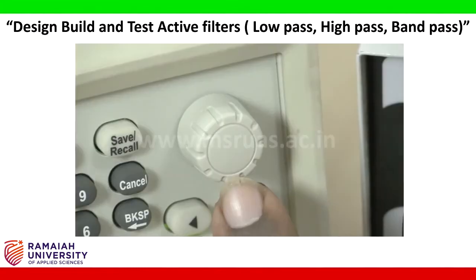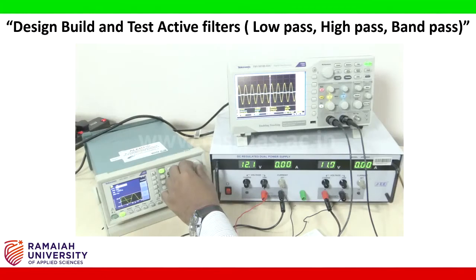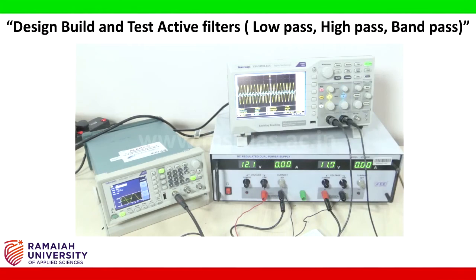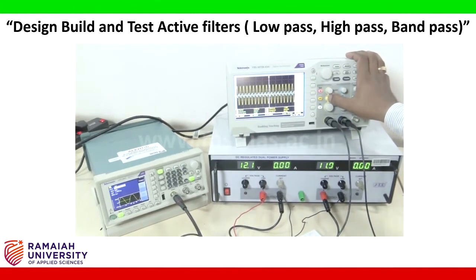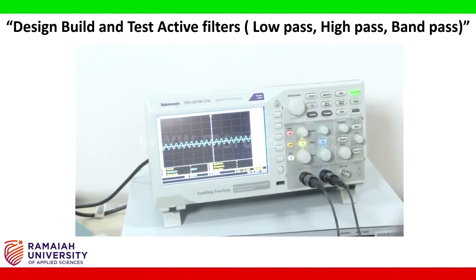So you can raise the frequency to some 200, a slight variation that will give an output, increase to some 400, 500, so we can get a small signal there. Later on I'm going to turn off the input signal, so I'm using only the output signal as a reference. This is the output signal.